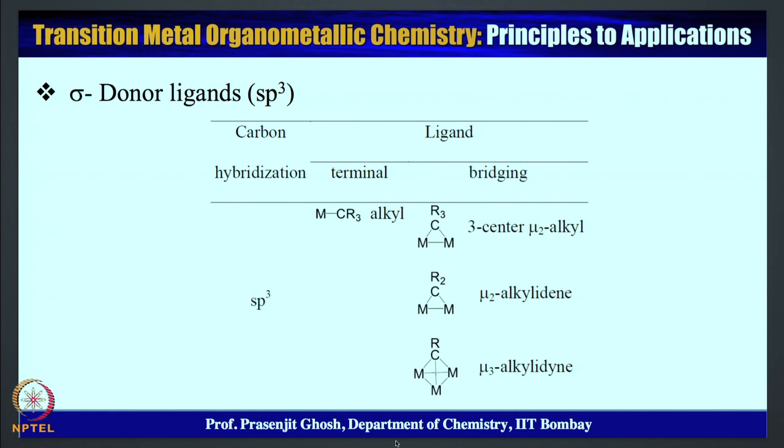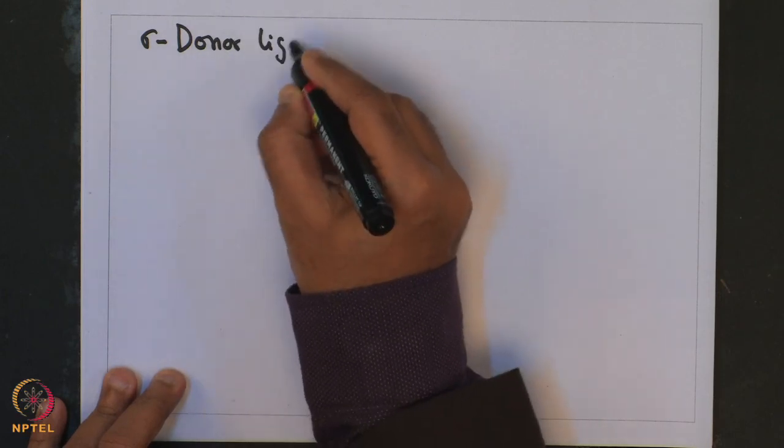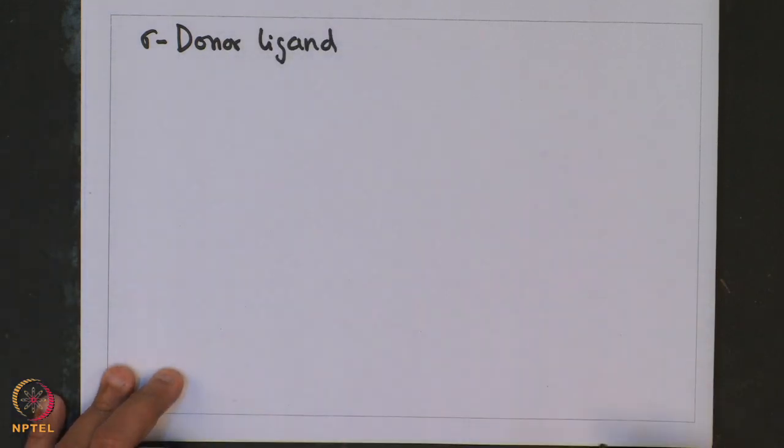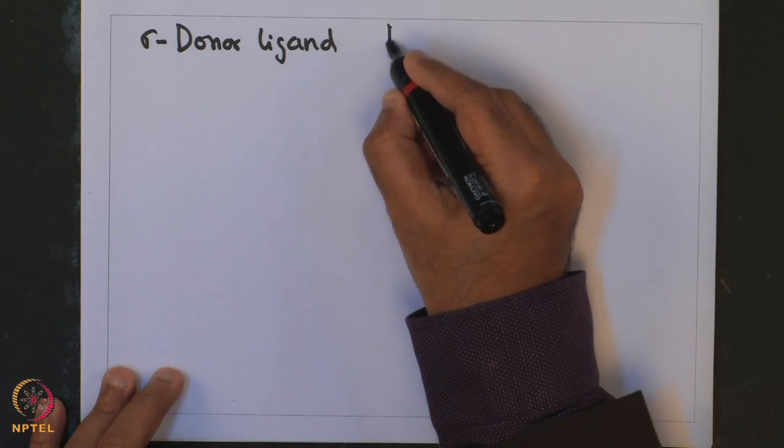Now, with that prelude, let us take a look at how many types of sigma donor ligands there are. The sigma donor ligand depends on the hybridization of the carbon center.